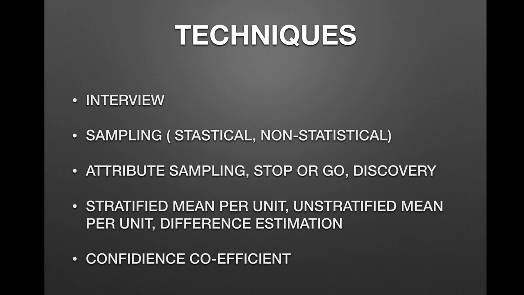So when we go to stratified mean per unit, it's a statistical plan in which the population is divided into strata and samples are drawn from the strata. So for all of you asking me what is a strata, I think strata is kind of like a population sample which they take.